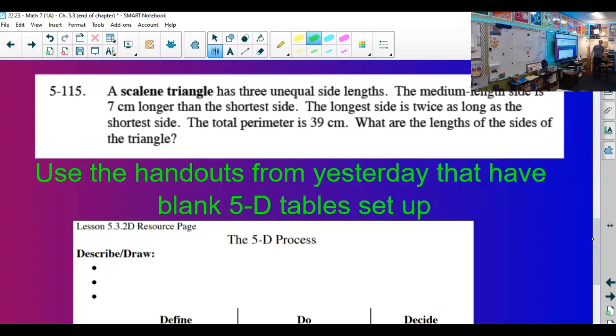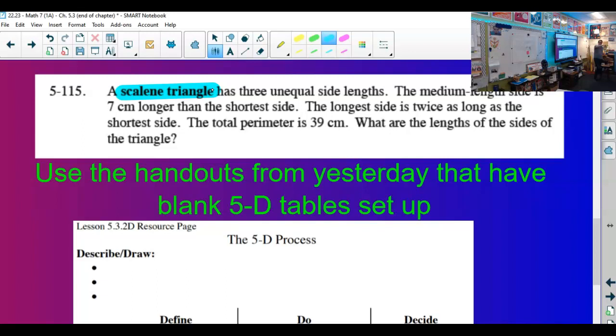All right, so we have a scalene triangle. Anyone know what a scalene triangle means, Gabe? Doesn't it mean the sides will not be equal to each other? Like one is very short and one is long, and they're just weird.